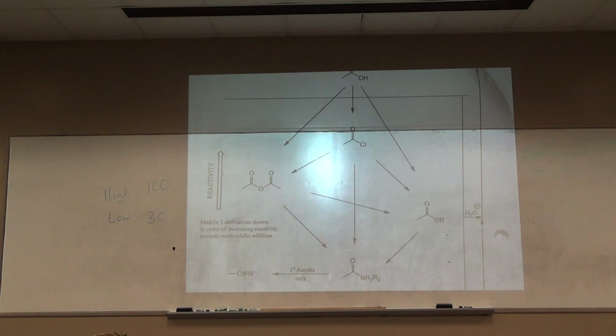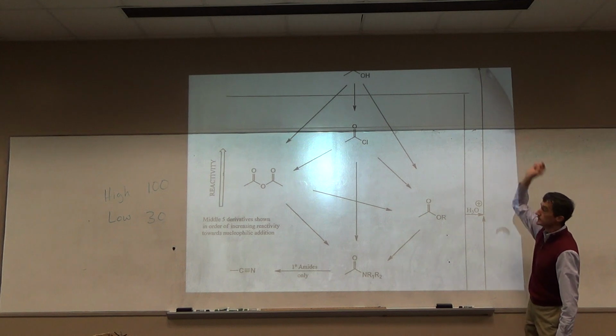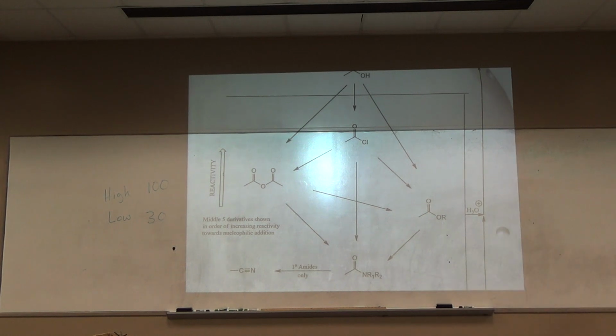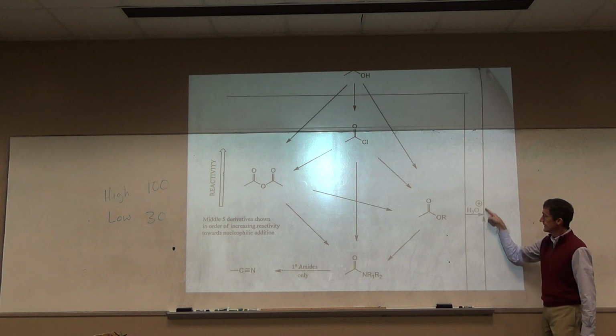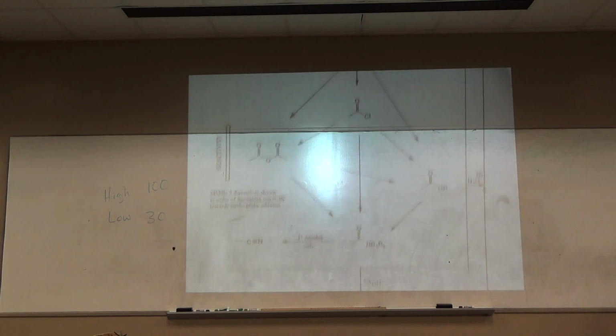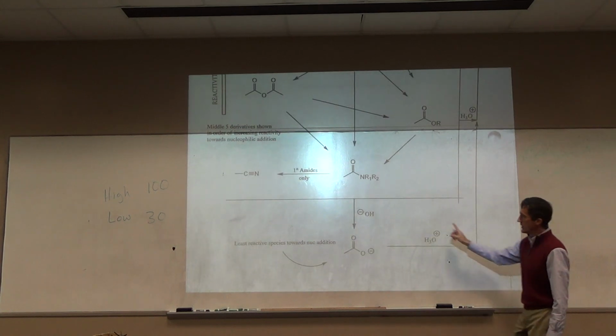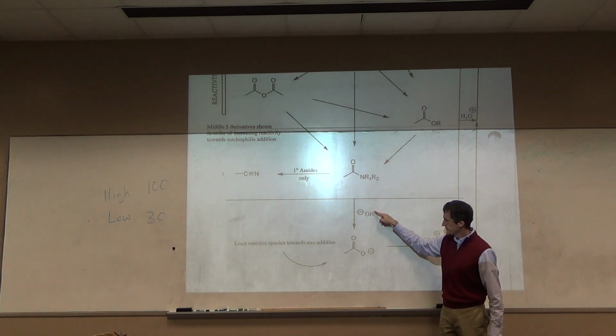Everything in the box can be converted back to what? Carboxylic acid. Back to the base functional group, the king, or queen. We can do that two ways, either with aqueous acid. Okay, this takes you that way. How else can we do it? Well, leaving the box below, aqueous base.